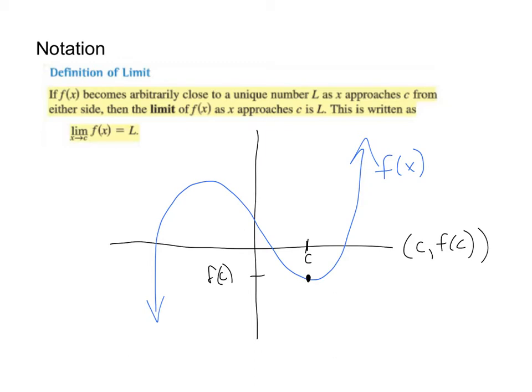So what this is saying is as f of x becomes arbitrarily close to a number L as x approaches c from the left and x approaches c from the right, then the limit becomes that value. So as I'm getting closer to c from the left, what is f of x doing? Well, it's getting close to here. And then as I approach c from the right, then f of x is going here. So this limit would be f of c, this f of c value.